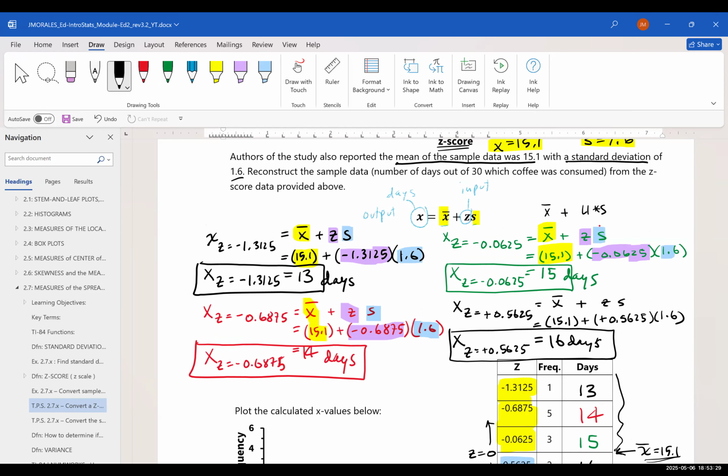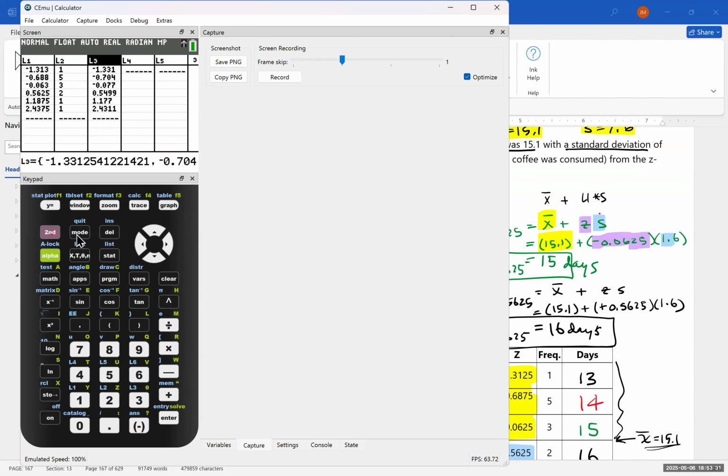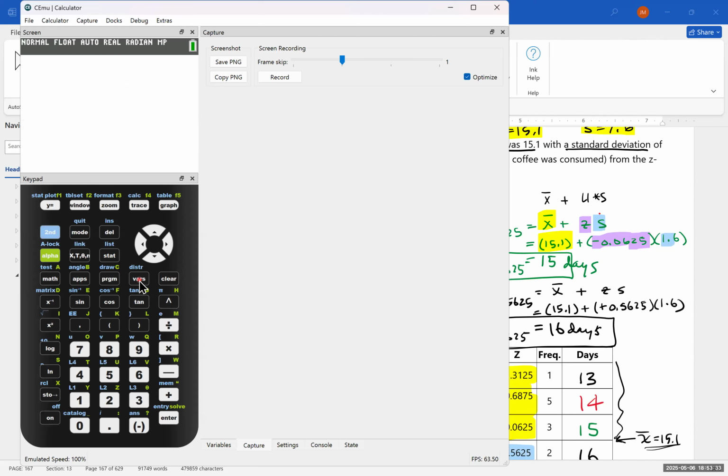Okay, let's double check our values. So let me quit out of this. So a little bit of troubleshooting here. I'm going to go to variables, statistics, X bar. Where did I get that from? That shouldn't be there. Okay, this is instructive because here we're troubleshooting what the problem was.